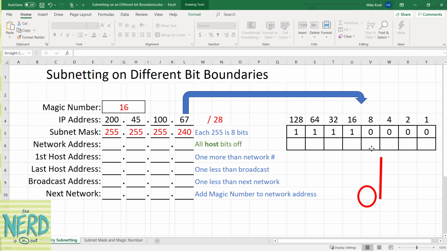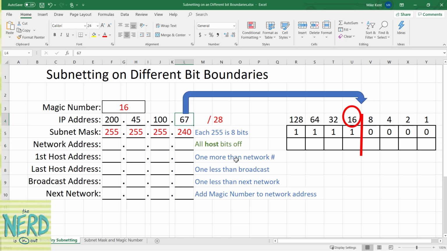And remember I said you want to draw a line between the two, and you want to circle the number to the left, because that's our magic number. Okay, now I want to take that 67 and put it in binary. So I'm going to put 67 in binary right here.